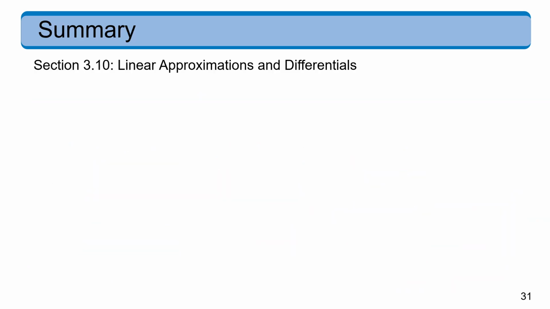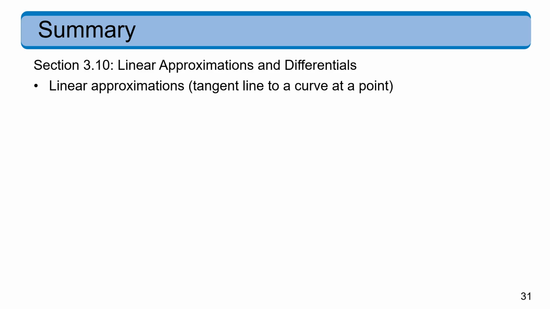We covered all of section 3.10, which was on linear approximations and differentials. So we started out by defining what linear approximations are, and we saw that it's really nothing new. It's an equation for a tangent line to a curve at a given point, which we've already been doing for a while. We're just giving it a new name here, linear approximation or linearization.